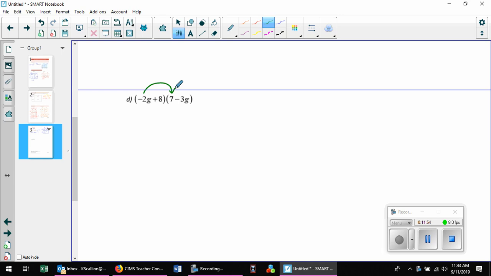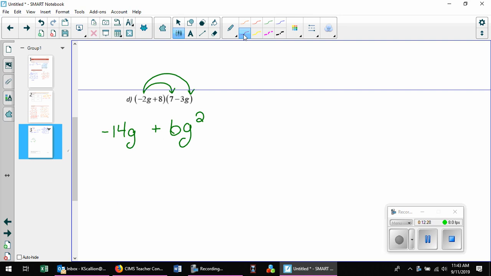So negative 2g times a positive 7 is negative 14g. My next leapfrog is still at the 2. So I have a negative 2g times a negative 3g, which is 6g squared.